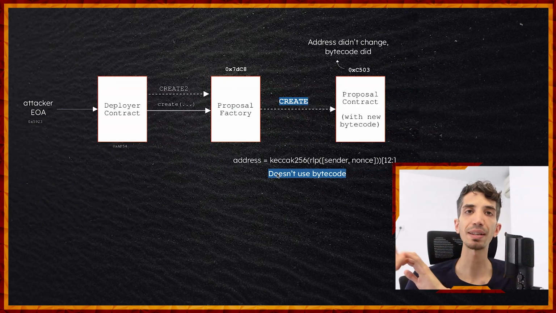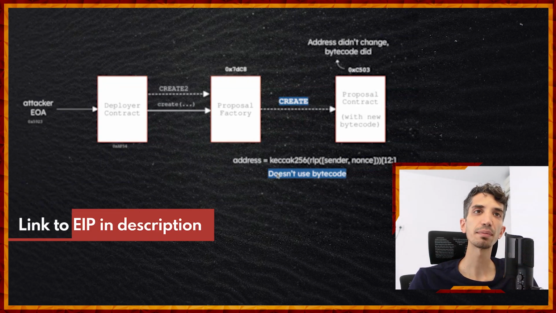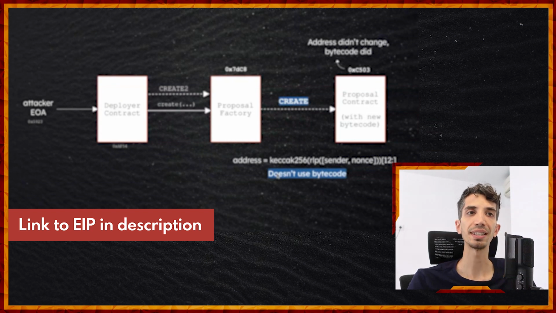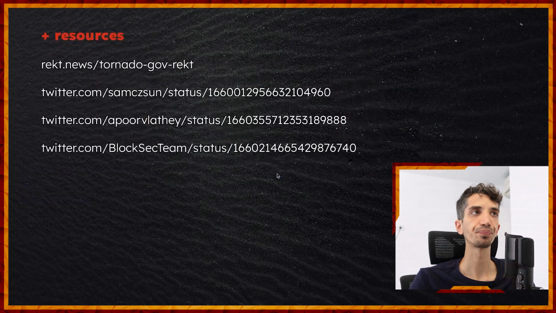The nonce is the same as at the very beginning and the sender is the same as at the very beginning, meaning that the address in this case hasn't changed, but the bytecode did. So the attacker is taking advantage of the fact that create doesn't use bytecode to determine the address, meaning that it can change the bytecode that it's using.